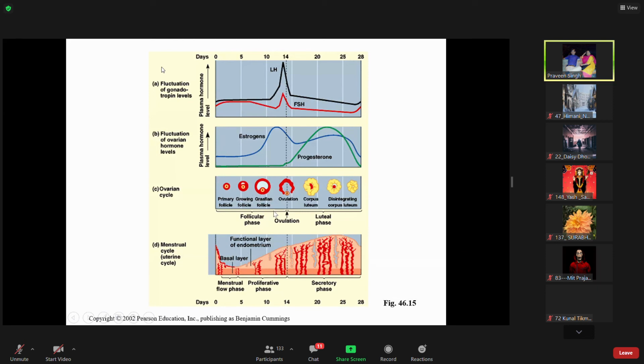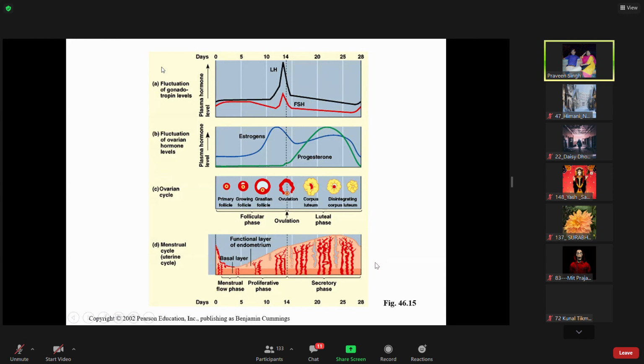Because of estrogen, there is a preparation of the endometrium. The endometrium becomes thick. The mucosa has rich secretory endometrial glands. It becomes vascular, and then there is further growth in the secretory phase under the influence of progesterone.